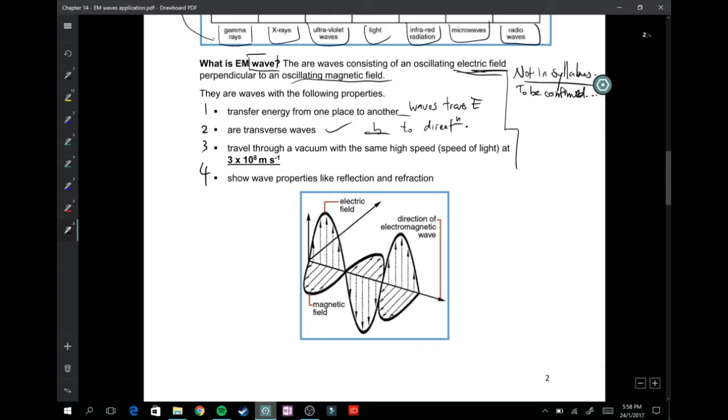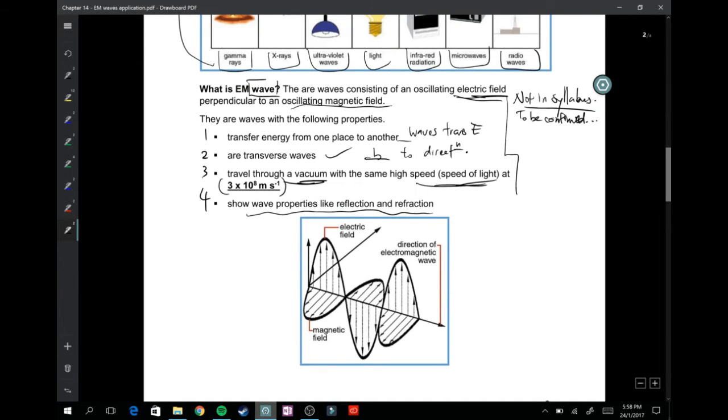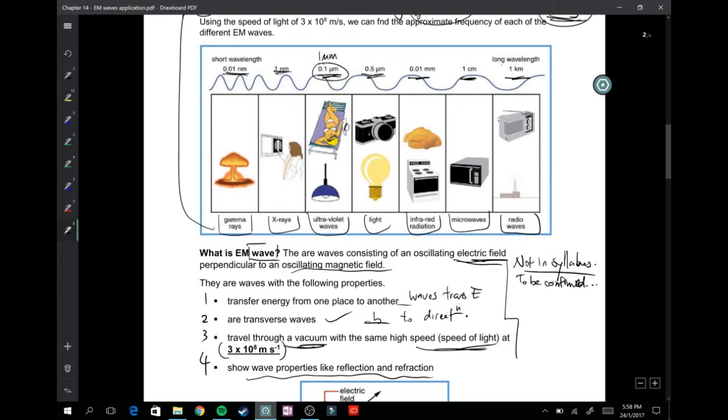They travel through a vacuum with the same speed as the speed of light, which is 3 times 10 to the power 8, and they show wave properties like reflection and refraction, just like light. Because light is an EM wave, and light behaves in a certain manner, all EM waves must behave in the same manner as light.